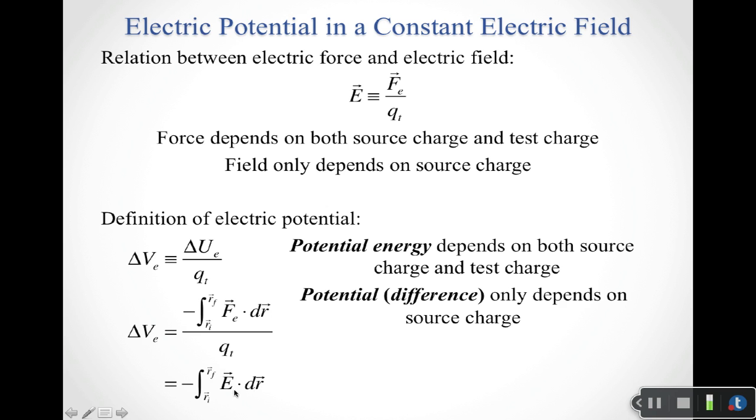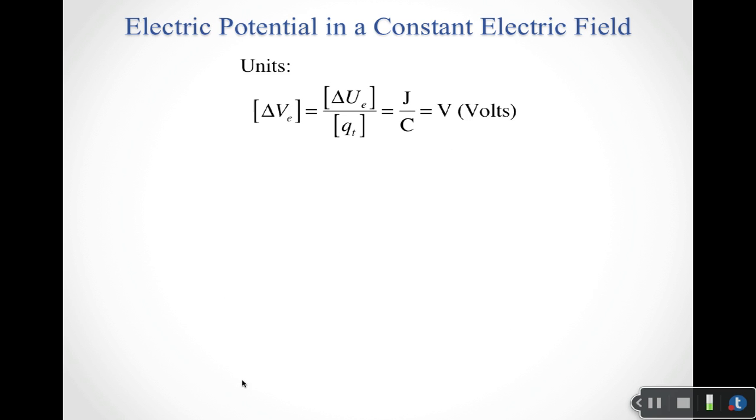So the source charge that defines what's going on with the electric potential difference, it's buried right here in the electric field. So this is how the electric potential difference only depends on the source charge, because it just depends on the electric field.